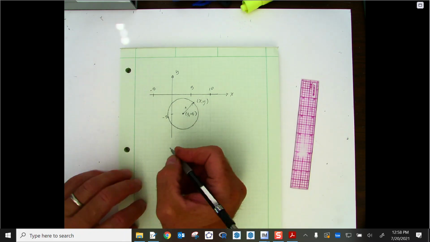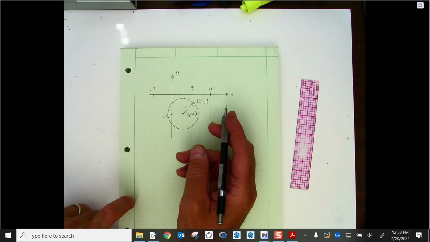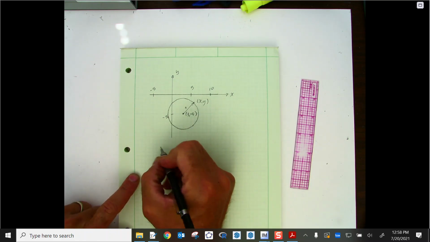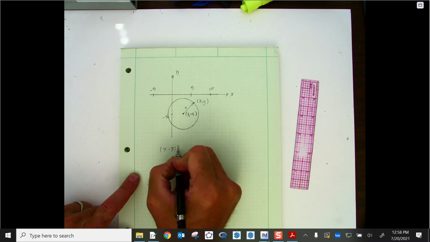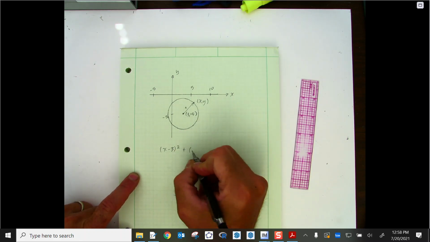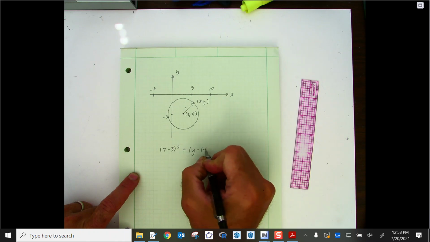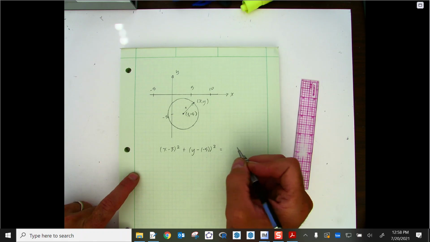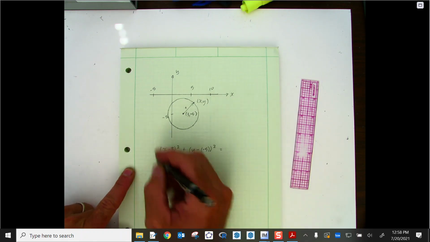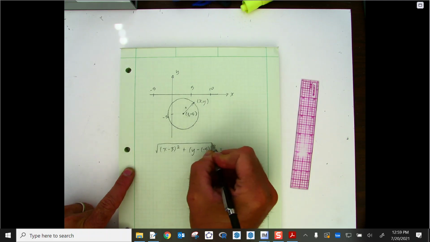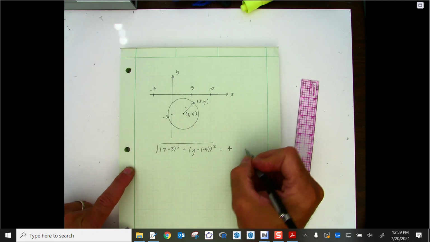So if we take the distance between these two points, then we know that the difference between x and 3, quantity squared, plus the difference between y and -5, quantity squared, has to be equal to, I guess the square root of that would be the distance, 4. So this is just the distance formula.